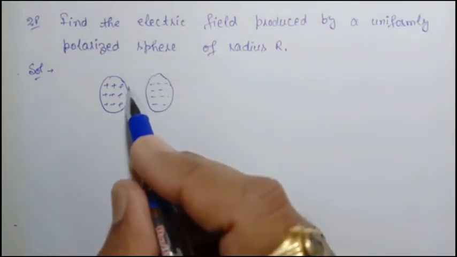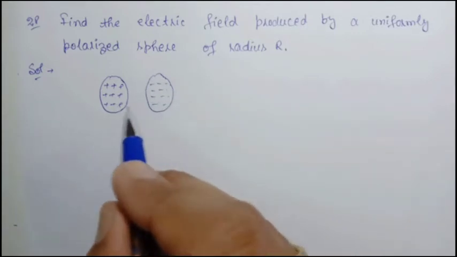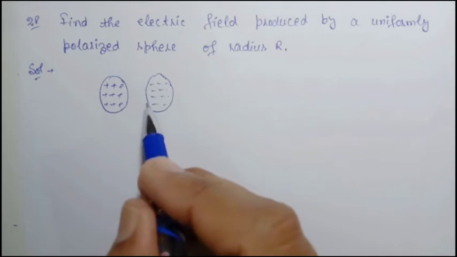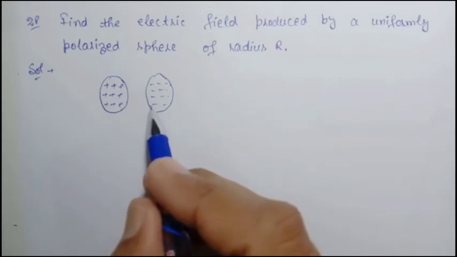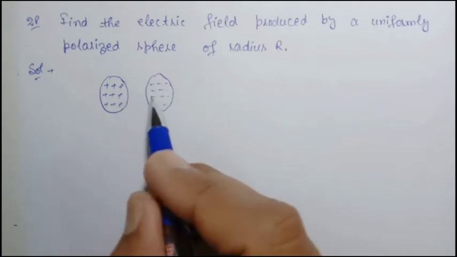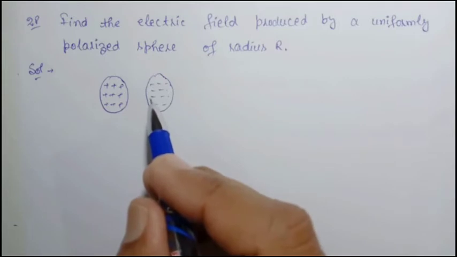So when we superimpose, here we are interested in superimposing these two spheres. So we have two cases. Without polarization, when we superimpose these two spheres, the charge will cancel completely.